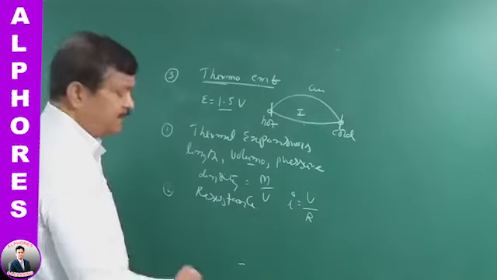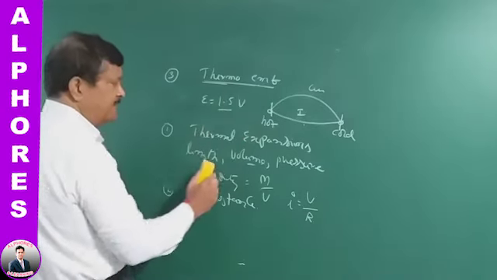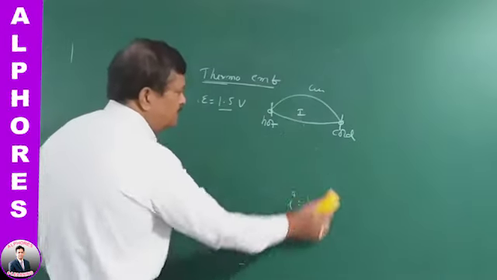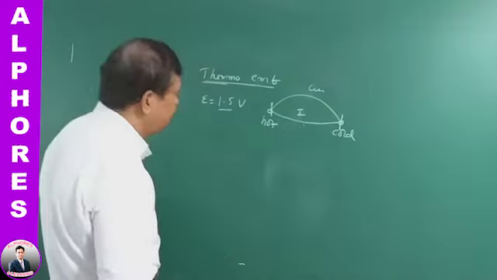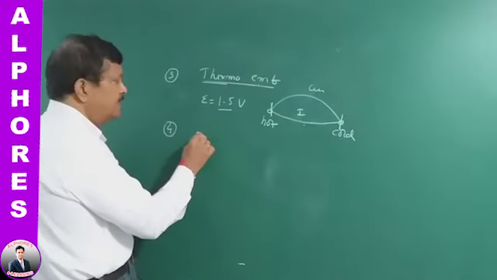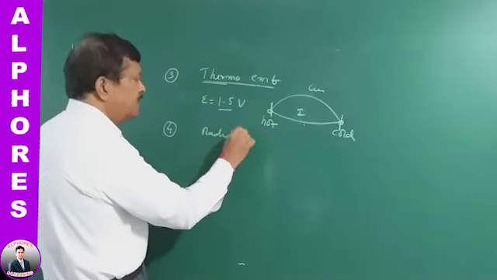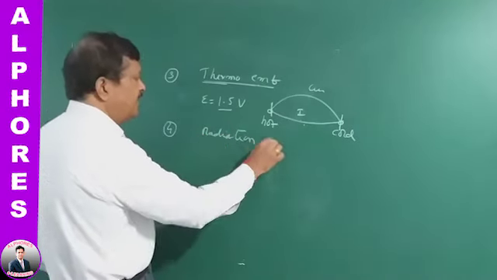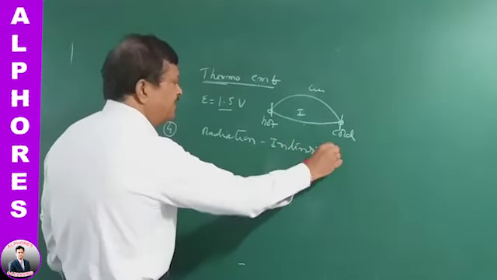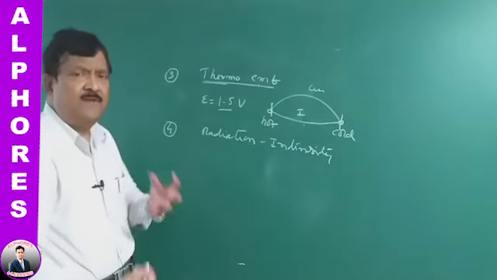Now, after thermo EMF, let us move on to another example of a thermometric property. With temperature, the radiation coming from a body, the intensity of radiation, can also change.